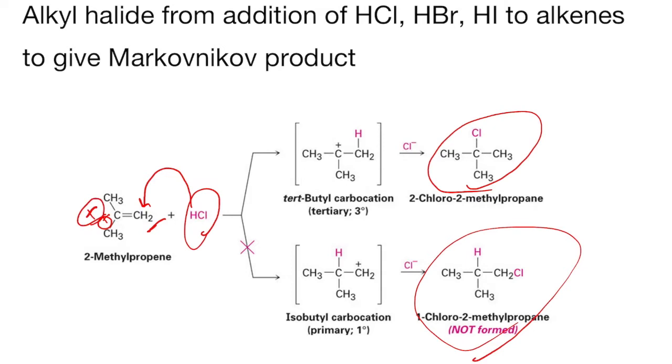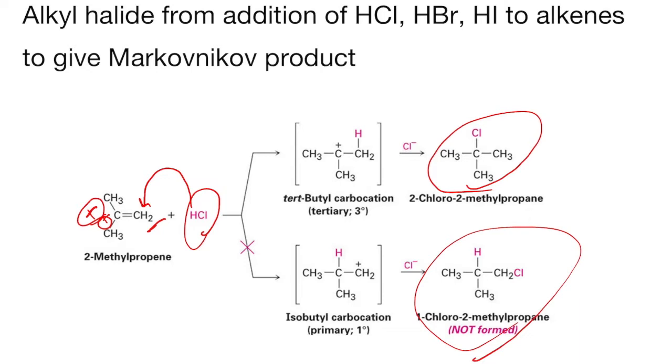Why does the Markovnikov rule work in that way? Because the cation will be at the more substituted carbon. When we say the hydrogen goes to the carbon with more hydrogens, it means the positive charge is created on the carbon next to it.